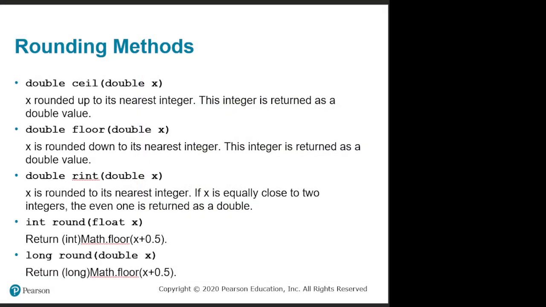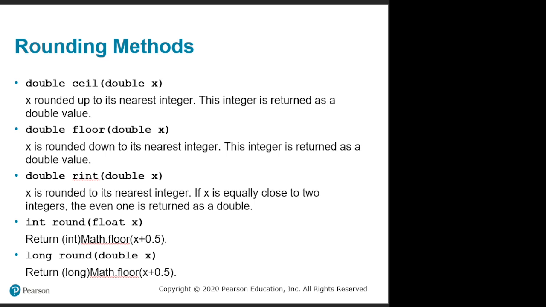We also have rint, which rounds to the nearest integer. If they're equally close to two integers, the even one is returned. We'll look at our example to see what it means by being equally close to two integers.